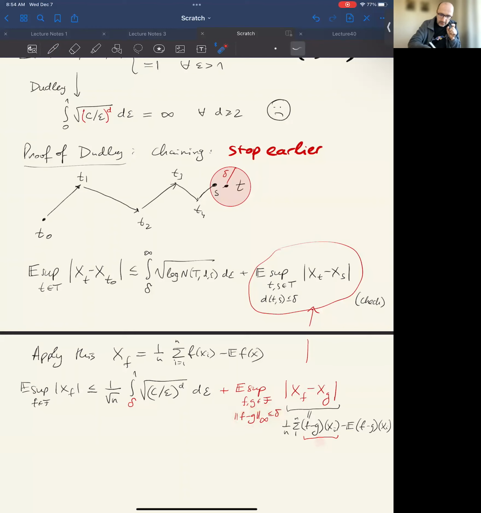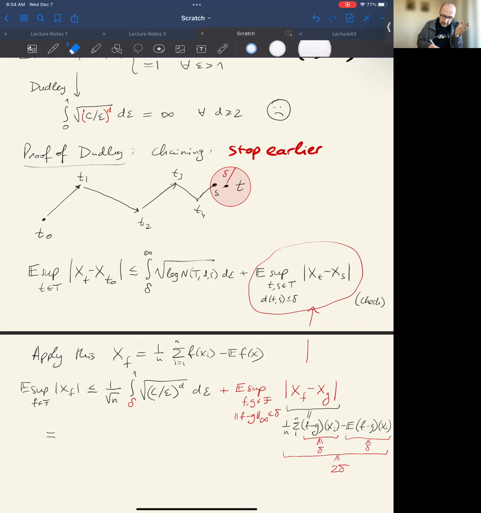So this is always smaller than delta. And we subtract something. So all in all, this is also smaller than delta in absolute value. So this is less than 2 delta. And that's it. We just pay 2 delta. Cool. So the first integral now converges.